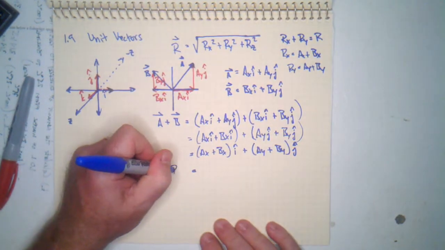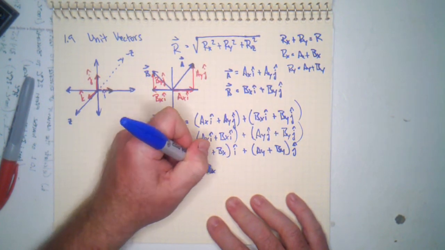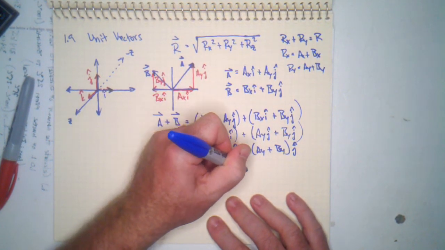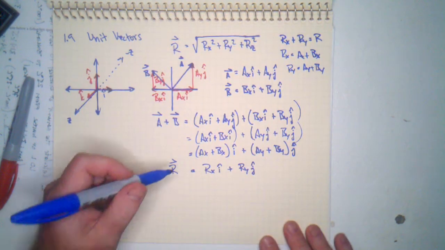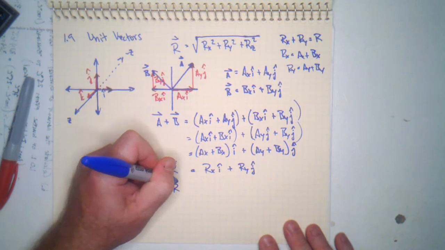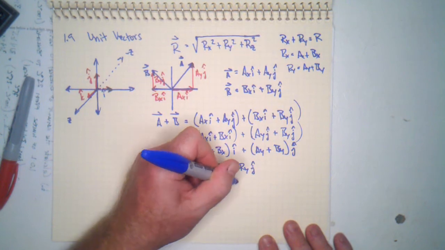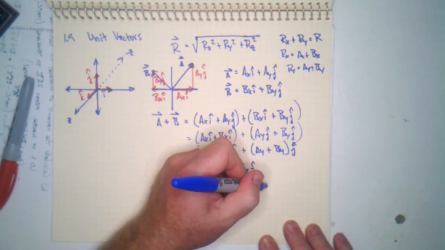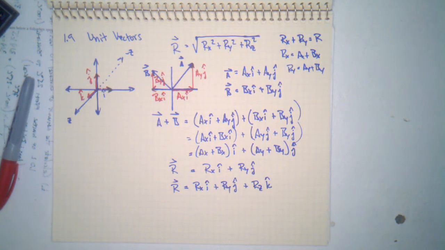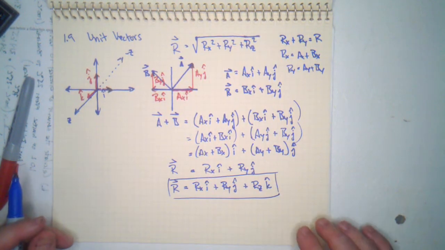So, the resultant vector, which is A plus B, is going to equal Rx i hat plus Ry j hat. And if we want to take it to 3 dimensions, we can say that R equals Rx i hat plus Ry j hat plus Rz k hat. Nice little formula that you're going to need in a little bit.